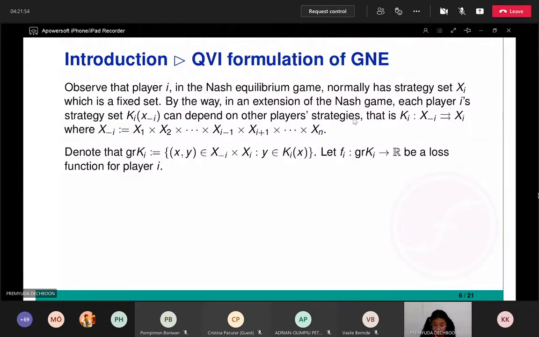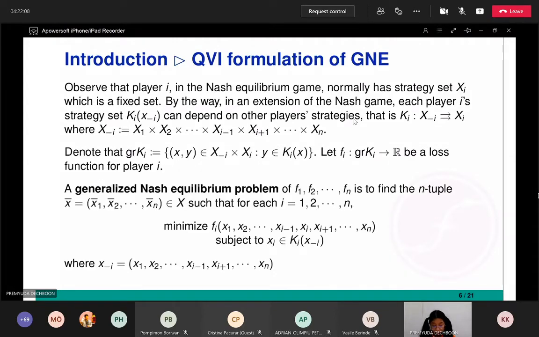So we can study the extended version of the Nash equilibrium problem, known as the generalized Nash equilibrium problem. That is, we write it as a minimization problem, but at the i-th component, it depends on the set-valued mapping Ki.